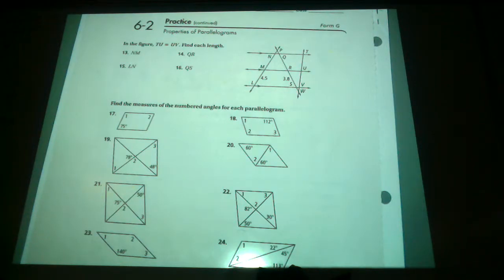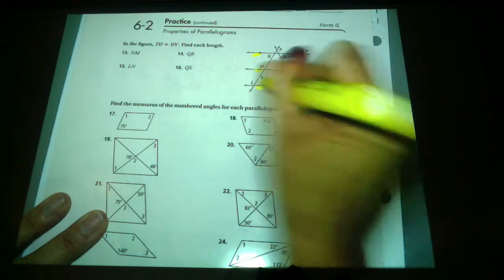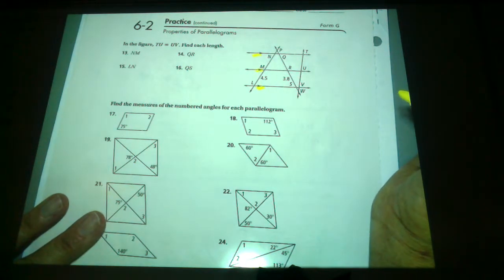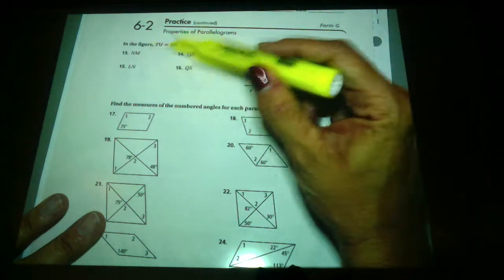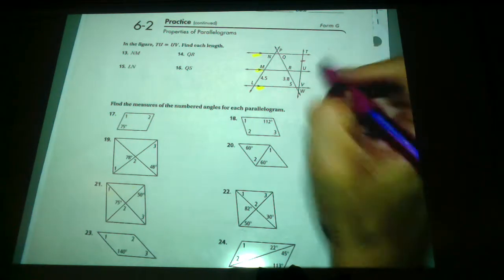Now, as you look at this picture for questions 13 through 16, you are only told that you have parallel lines for the picture. And then over here, you are told that TU is congruent to UV.